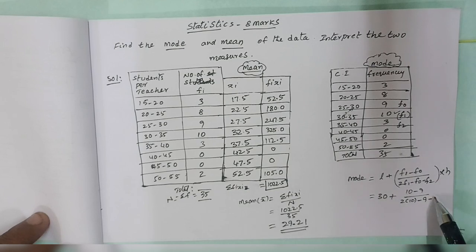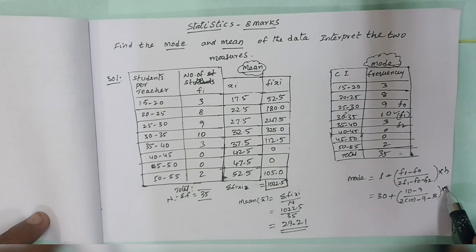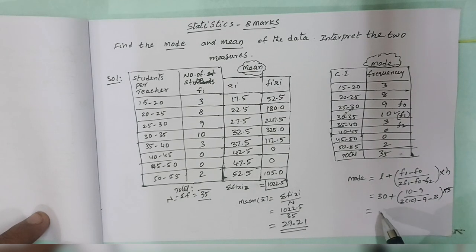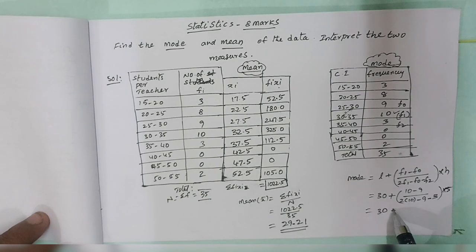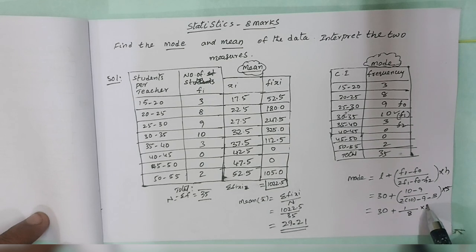What is F2? 3. Into H. H means 5. Therefore, 30 plus 1 by (20 minus 12), 8, into 5.